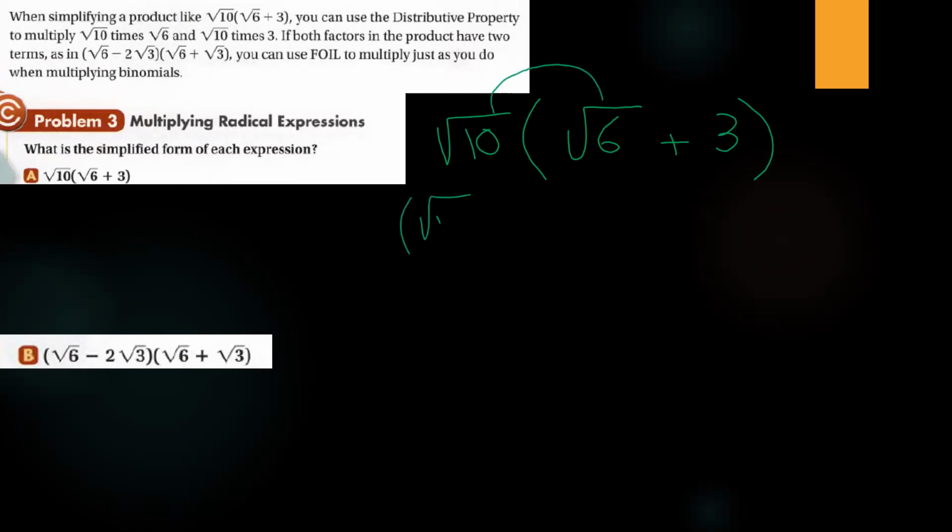I will repeat it now. Here we have square root of 10, and this square root of 10 is multiplied by square root of 6 plus 3. We have to multiply square root of 10 times square root of 6 first, and then we have to multiply square root of 10 times 3.